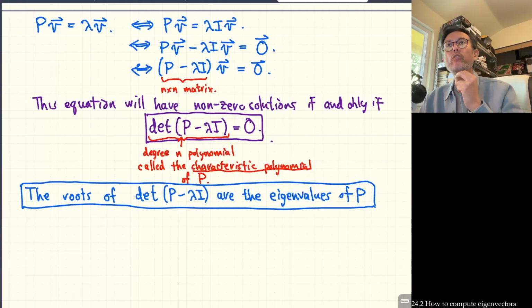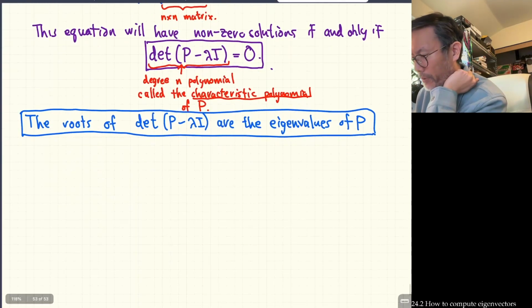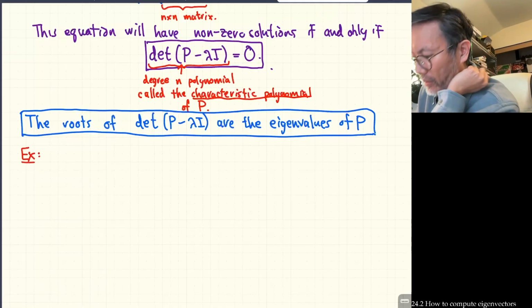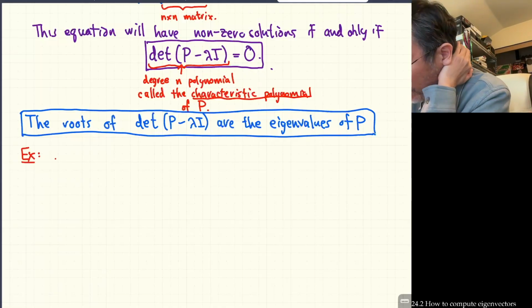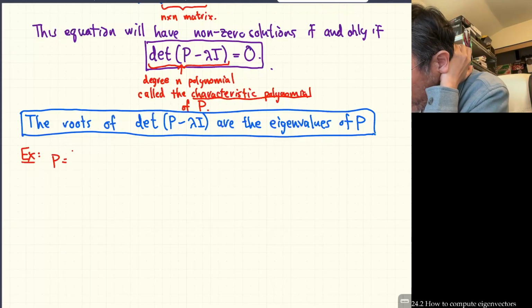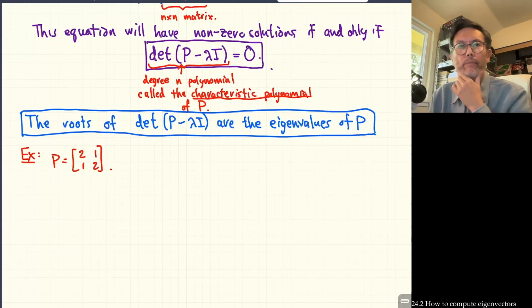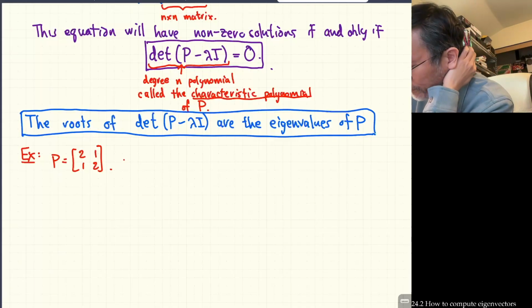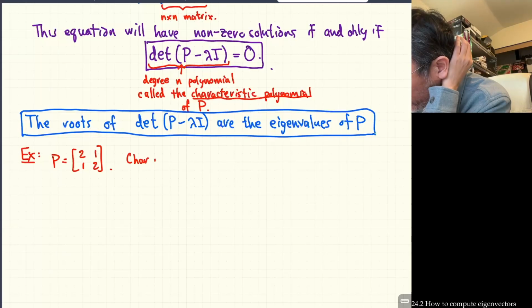All right, so let's do one simple example. Let's start with a 2x2 example. Let's take P to be equal to [[2, 1], [1, 2]]. Keep it real simple. Now, what I want to form is the characteristic polynomial.